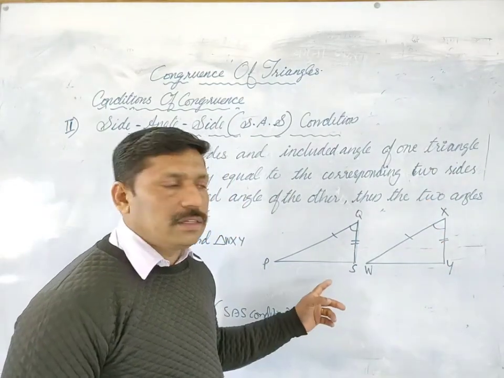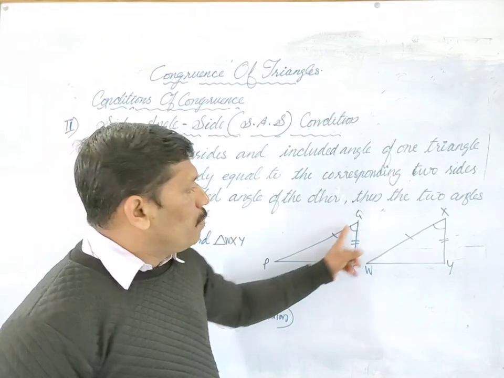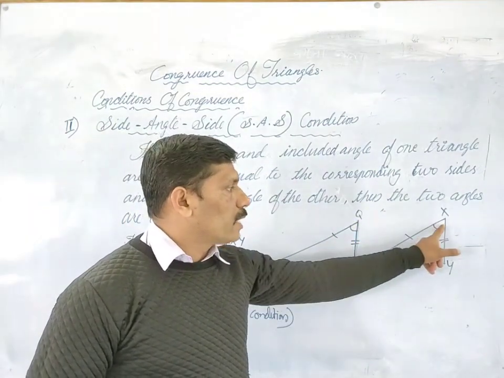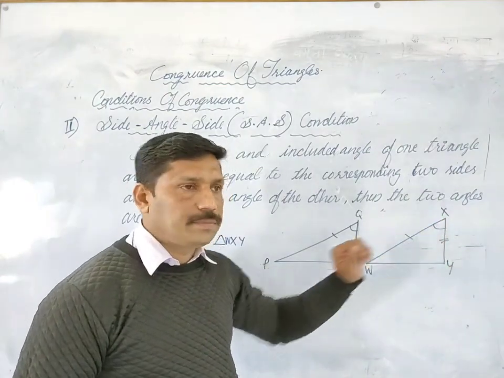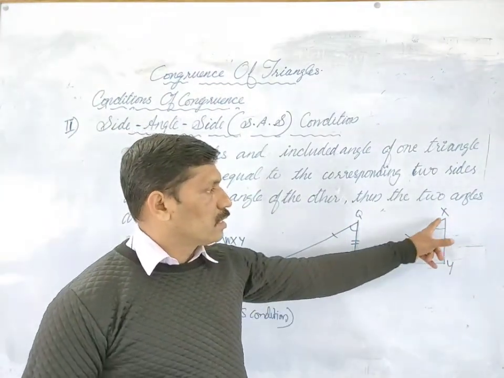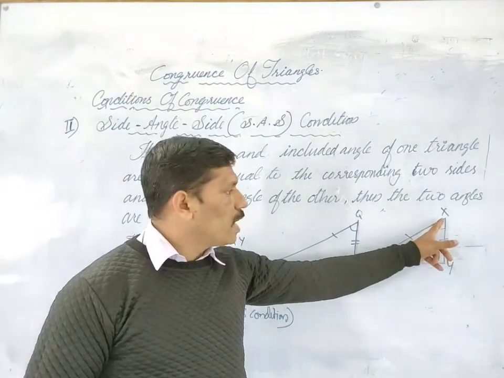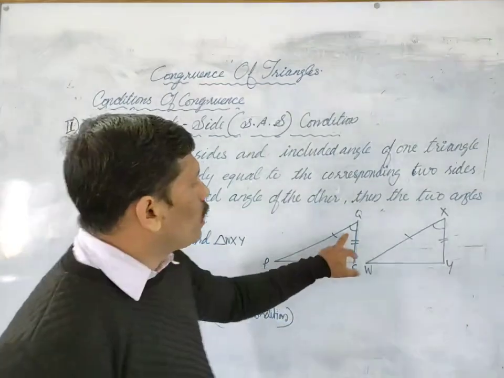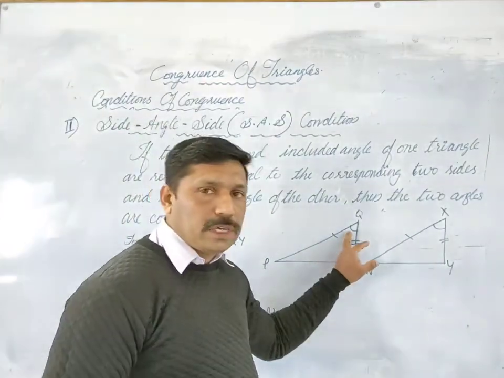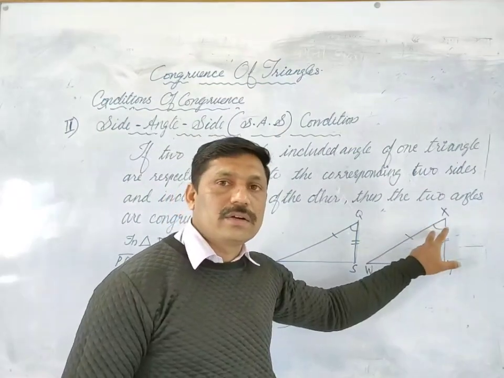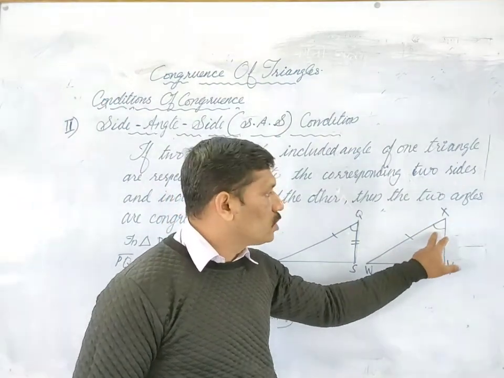In these two triangles, side PQ is equal to side WX of the second triangle, and side QS of the first triangle is correspondingly equal to side XY of the next triangle, and their included angle Q of the first triangle is correspondingly equal to the included angle of the next triangle, that is X.